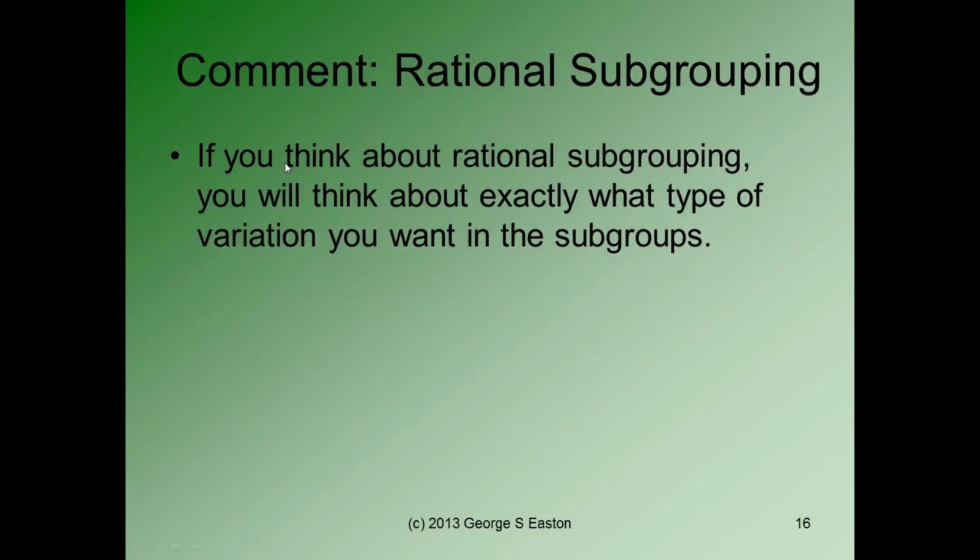So I want to address the issue of rational subgrouping in this context. And if you think a little bit about rational subgrouping, you're going to realize that you need to think hard about exactly what type of variation you want in the subgroups in this particular procedure.